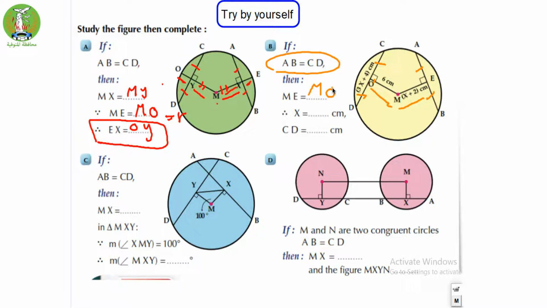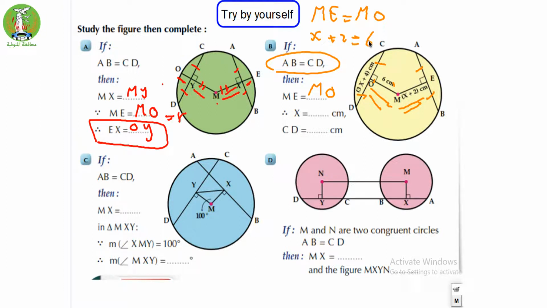Since AB equals CD, then 3x plus 4 equals AB. But here we can't know the value of X. Here we can use it: since ME equals MO, then X plus 2 equals 6 centimeters.